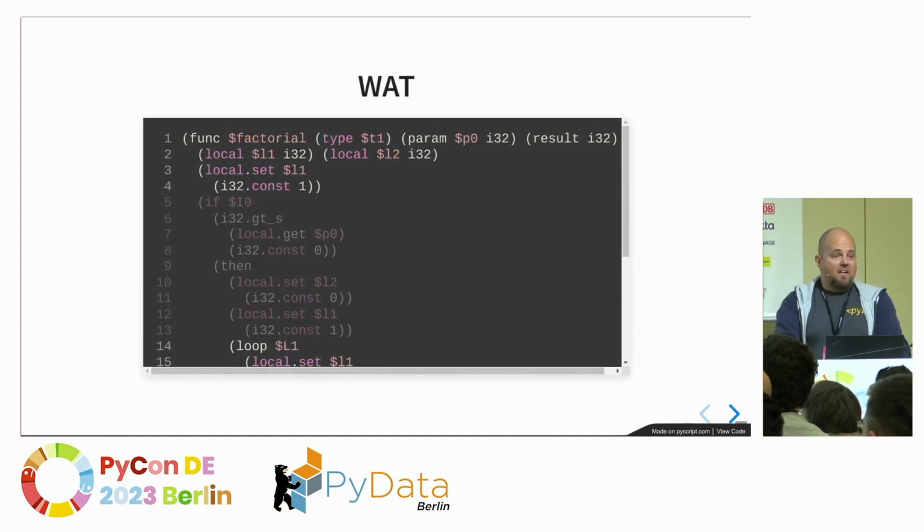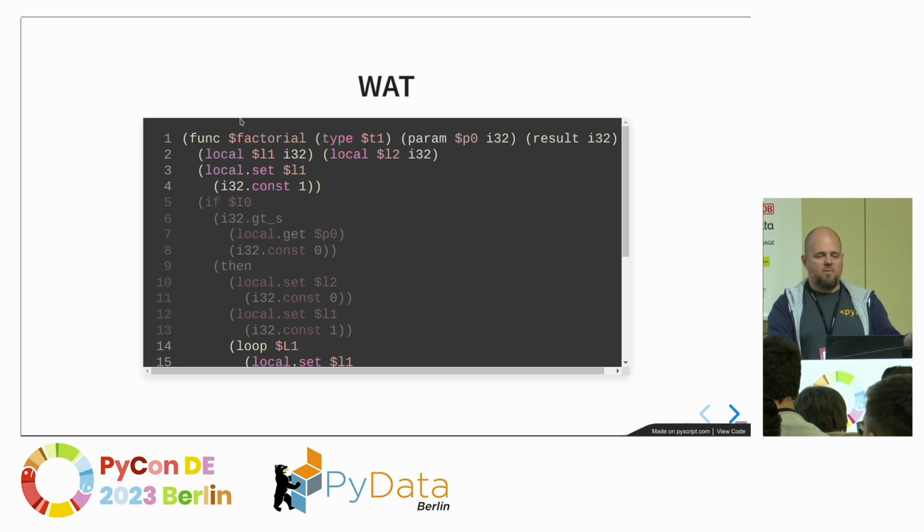And it looks like this. This is the factorial function that we saw before, in a WebAssembly module. The WAT format is shown in the form of S-expressions, similar to Lisp, but the actual syntax is not very important. It's important to understand the underlying properties.